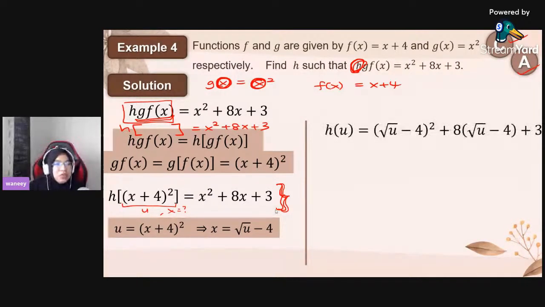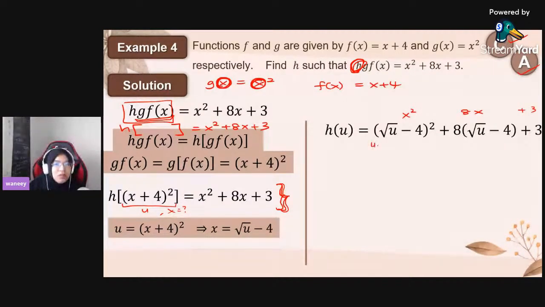Okay, so h(u), they will become, so this is x squared, right? So x squared, 8x, and then plus 3. Okay, so square root of u minus 4 squared plus 8 multiply with square root of u minus 4 and then plus 3. So expand them very, very carefully.